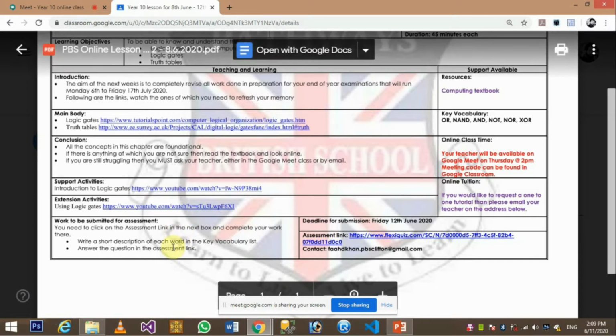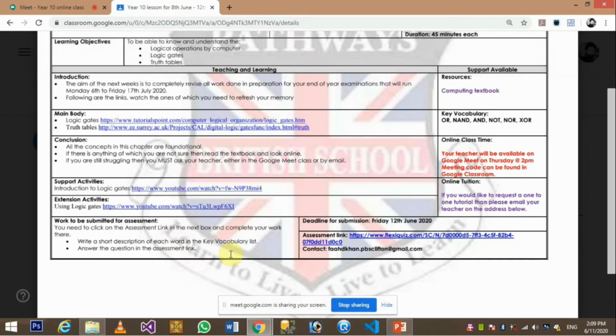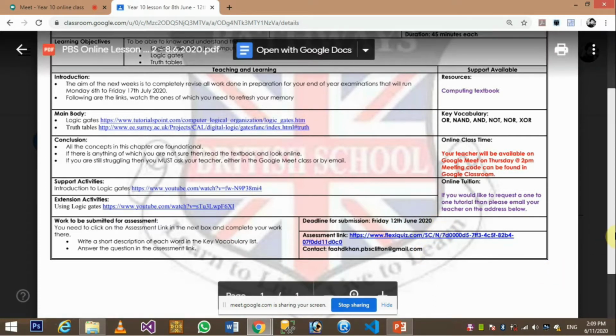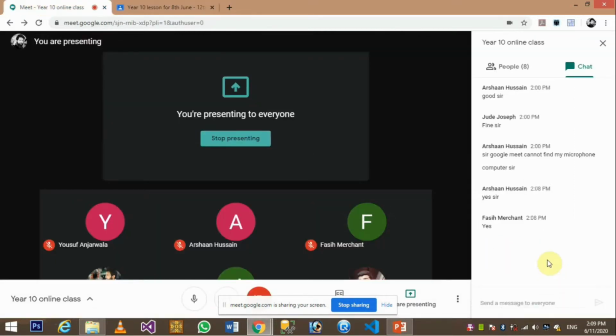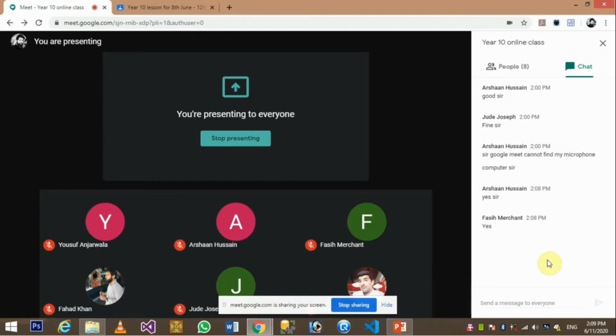Moving on to the work submission. The deadline is given as 12th June. Tomorrow is the deadline, and I asked you to submit the assignment after the class. Every week, submit the assignment after this class, please, because if anything is not clear, hopefully it will be clear after this class, and you can submit your assignments correctly.